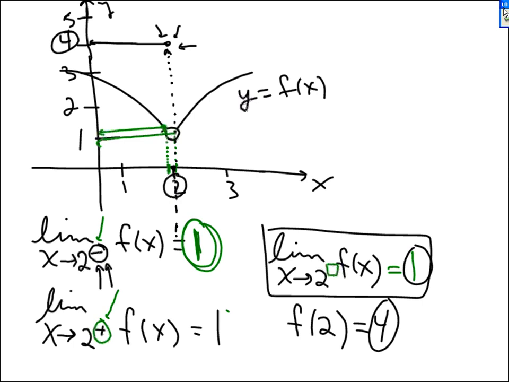There's no real correlation between the limit as x goes to 2 and f of 2 itself. I could have put f of 2 here, or here, or here. I could let it be any number. I can even put it to fill in the whole graph. But I didn't. I put it up here at a height of 4.